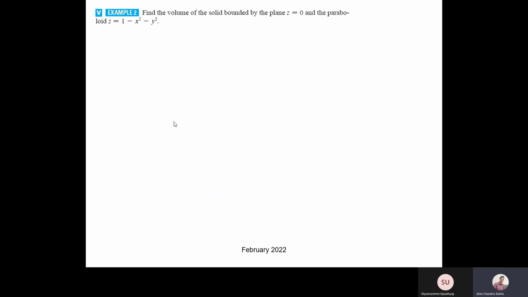Suppose you have to find the volume of a solid bounded by the plane z equal to 0 and the paraboloid z equal to 1 minus x squared minus y squared.